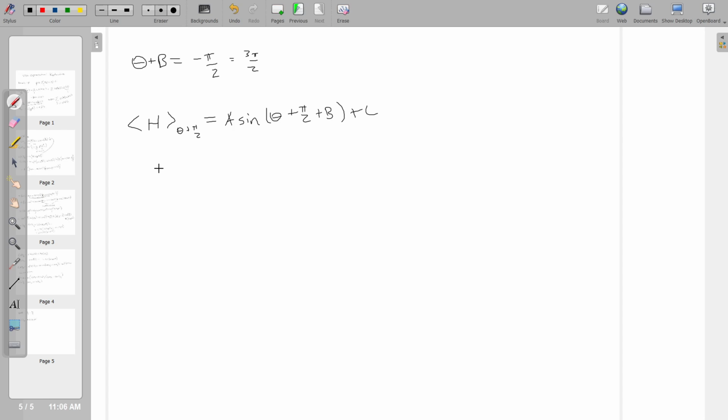And so then we can see, okay, if we do minus, we can see that theta minus pi over 2 equals a negative a. This is just basic trig identities. Theta minus pi over 2 plus b plus c. And so we can see that the expectation value plus is equal to the negative expectation value of theta minus.